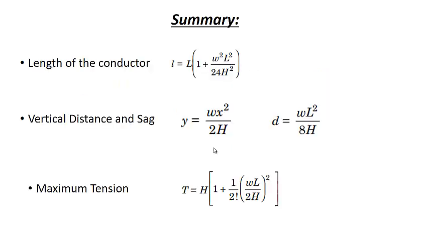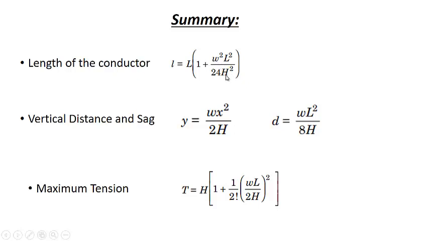We'll start from the summary, as we discussed in the last class, that the length of the conductor is denoted by small l or sometimes s, equal to L, where L is the span of the towers, into 1 plus W square L square by 24 H square. W is the weight per unit length.